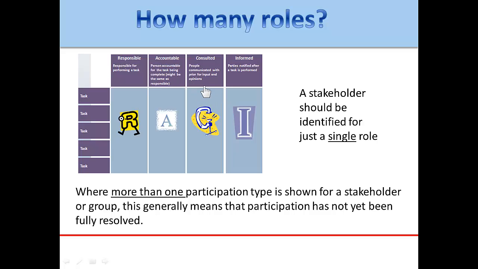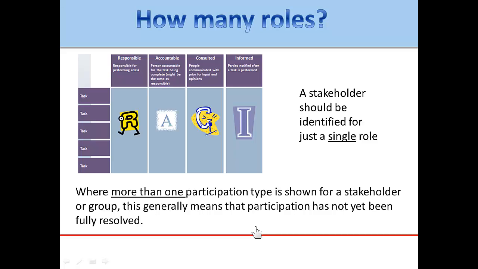Of course, we also said that there should be an easily identifiable person who is responsible, and even though he or she may delegate to others, there's one person who is accountable. That's usually the executive or the sponsor of the organization. Where more than one participation type is shown for a stakeholder or group, this generally means that participation has not yet been fully resolved.